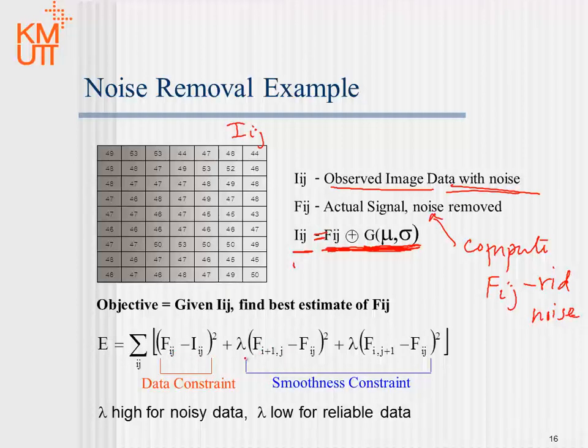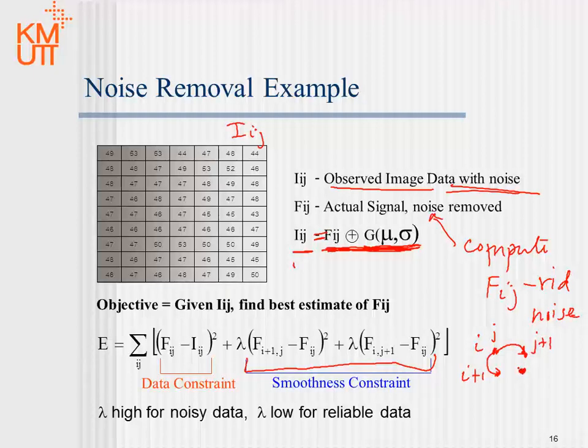Here we use the smoothness constraint, and this is something I talked about in class. We can assume that this pixel is smooth with the next one, I plus 1. They should be similar, and J and J plus 1 should also be similar.